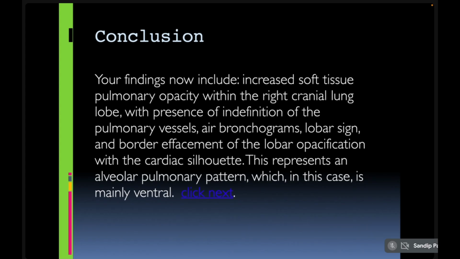I'm not saying 100%, but this is almost 100%. When we see lobar sign, air bronchogram, and loss of vessel identification in the cranioventral lung lobe, the first thing we have to consider is aspiration pneumonia.